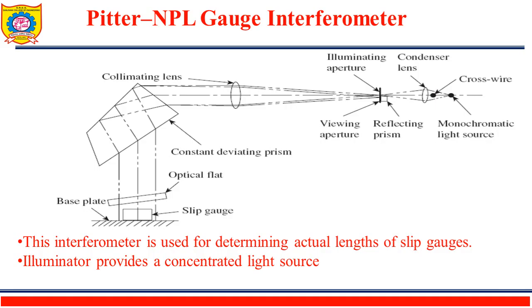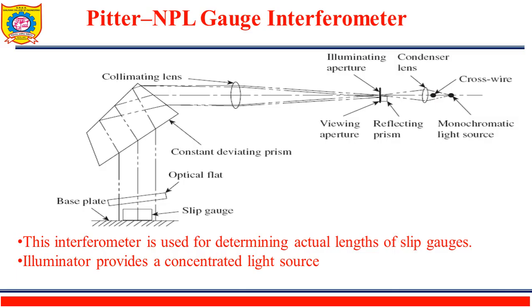So in the previous lecture we have seen the NPL flatness interferometer. Today we will see the NPL gauge length interferometer, or Pitter-NPL gauge interferometer. I have shown a figure of the Pitter-NPL gauge interferometer.